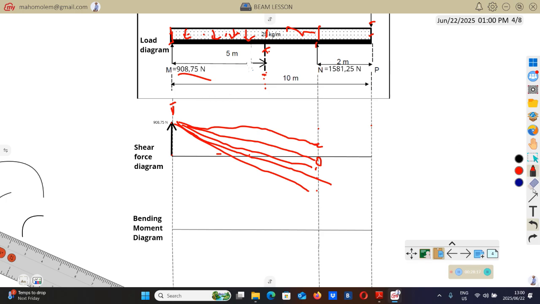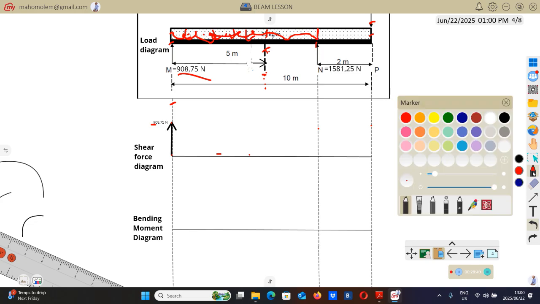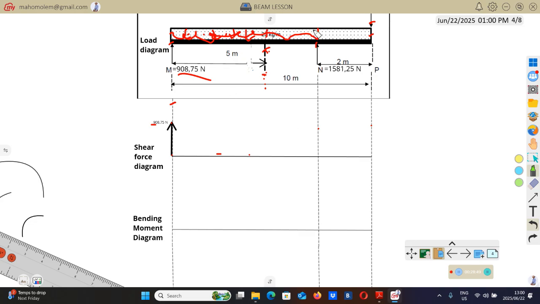To find where this line will stop, you will do it this way. You take this upward force minus the total weight of the load starting from here up to there. So how to find this total load?